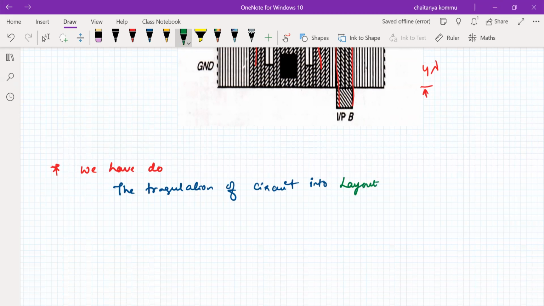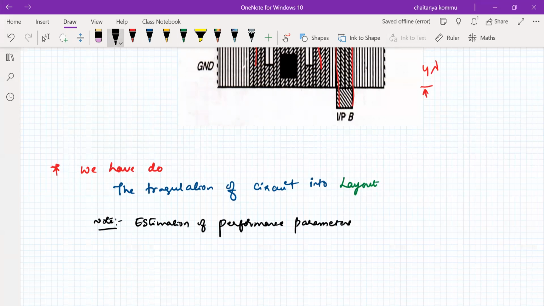Estimating the performance of the circuit, estimating the performance parameters at the circuit level, is not that accurate. What do you mean by performance parameters? Like delay, power. These kinds of things are called performance parameters.